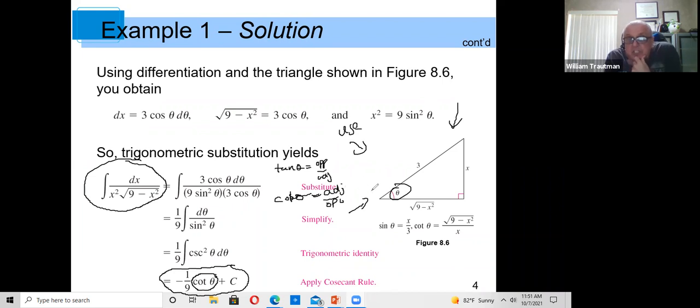So cotangent is adjacent. Remember, this is the hypotenuse, this is opposite the theta, and this is adjacent. So it's adjacent over opposite. So this is what cotangent theta changes to. And that should be on the next slide.